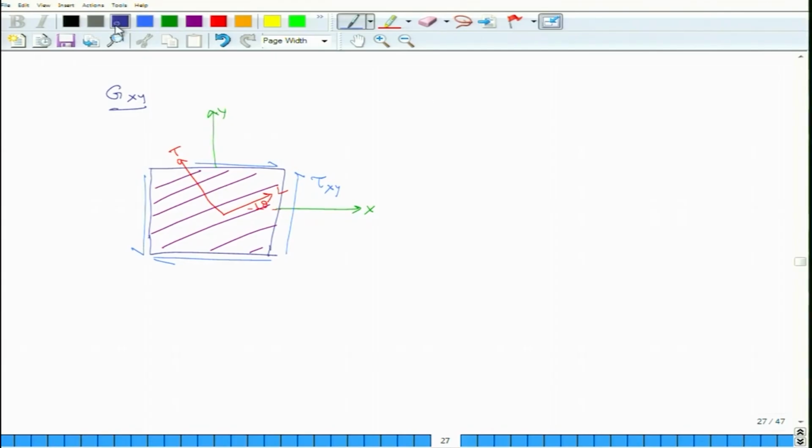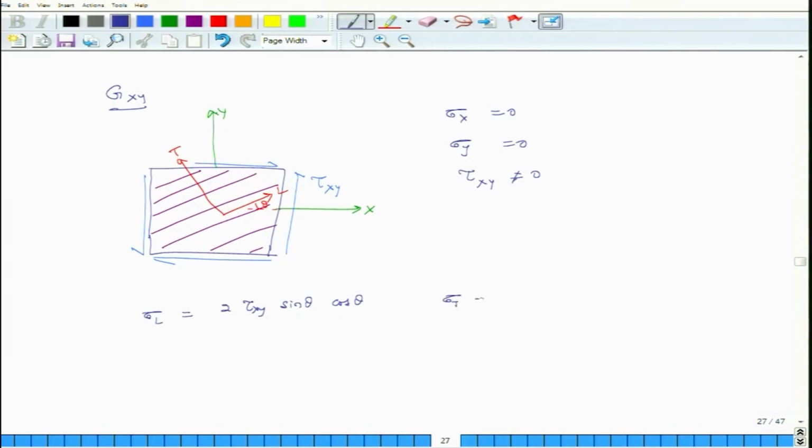So, in this case sigma x is equal to 0, sigma y is equal to 0, and tau xy is not equal to 0. So, the first thing we do is from tau xy we compute sigma L, sigma t and tau Lt. So, we say from those stress transformation equations, tensor equations, sigma L is equal to 2 tau xy sin theta cosine theta.